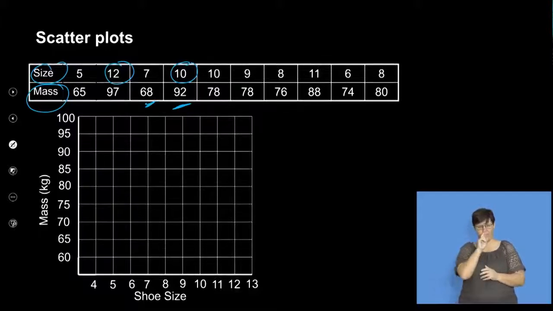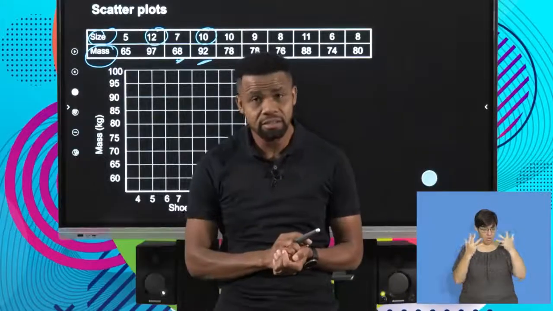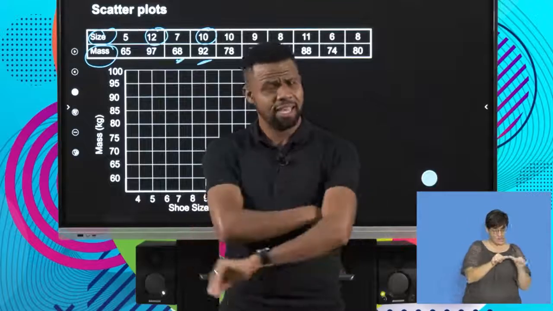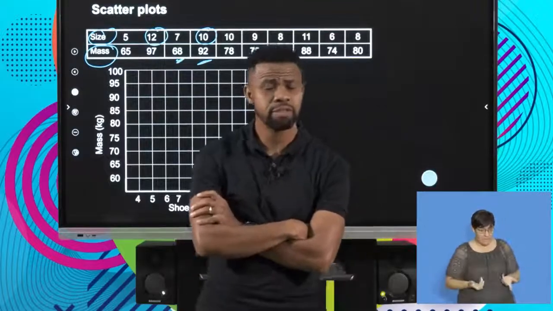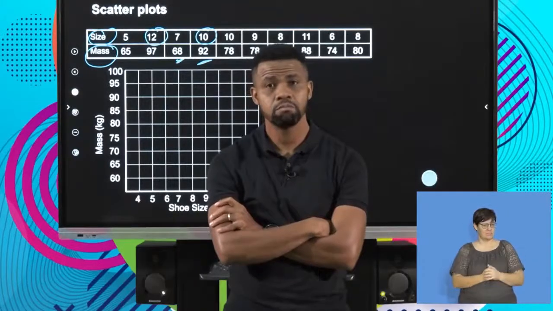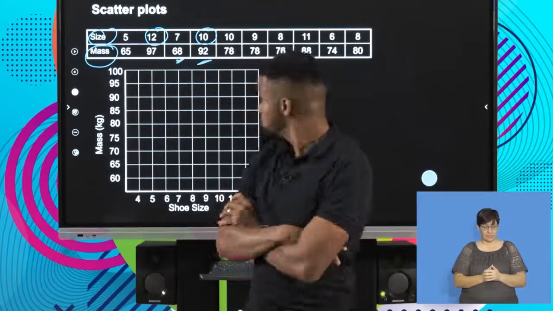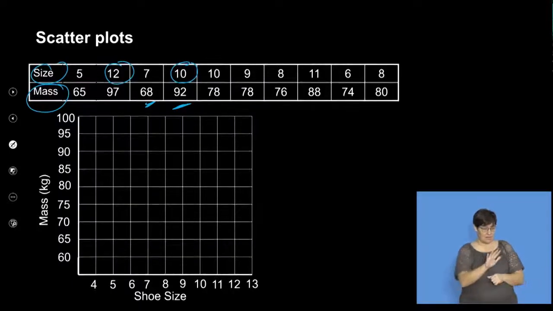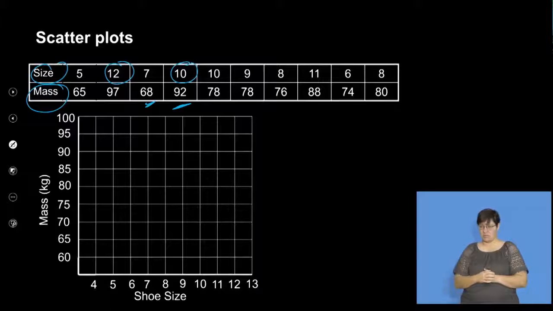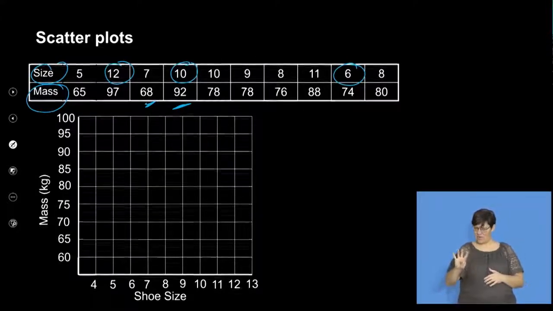By looking at this, can you say, is there a correlation between shoe size and weight? Think about this. Size 5, 65 kilogram. But also look at size 6, 74 kilogram.